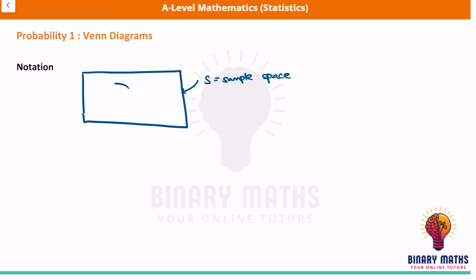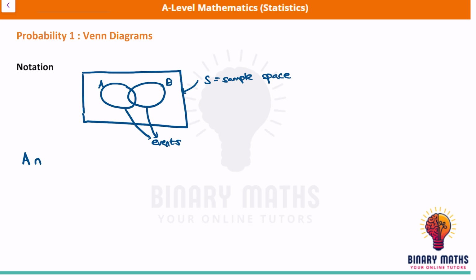And then you have these closed curves, closed circles, closed ellipses, which represent events.